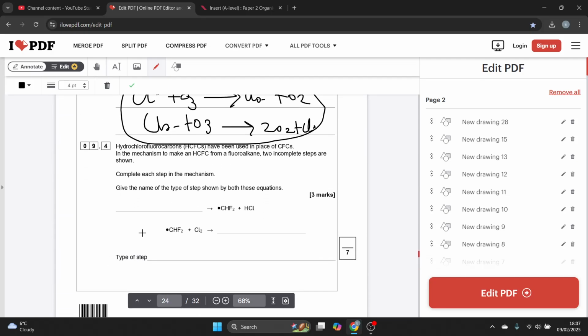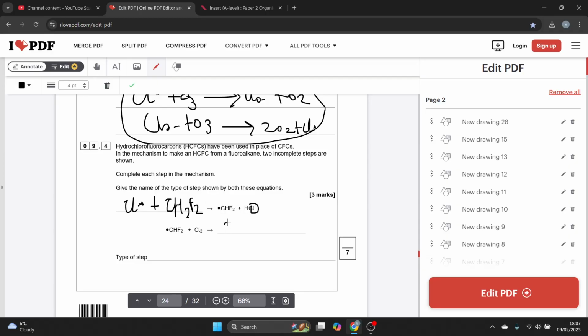Okay, so, obviously I've got the chlorine free radical plus CH2F2. It has to be that because of what's remaining after this chlorine free radical. There you go. Then you get that.